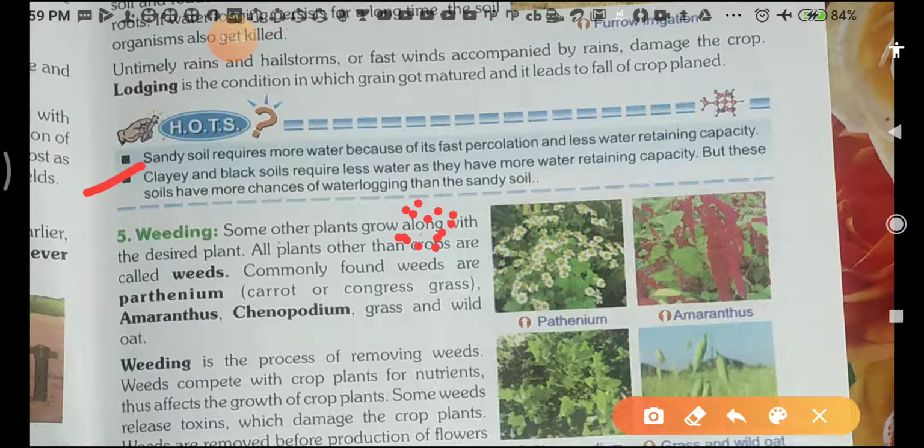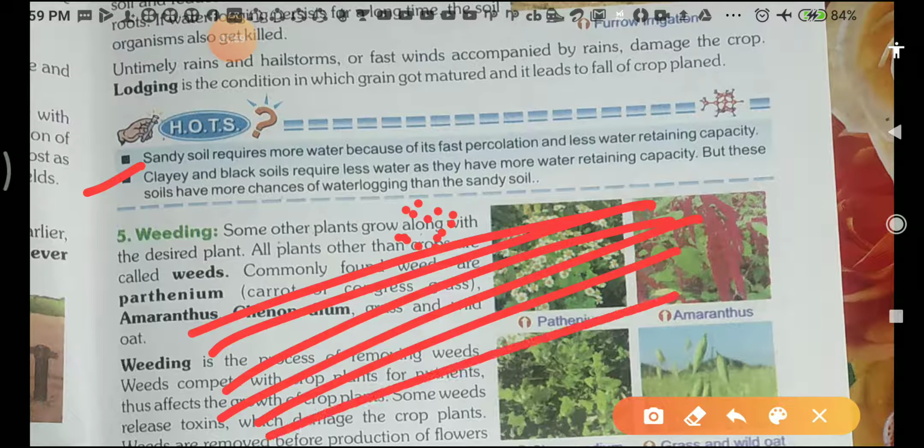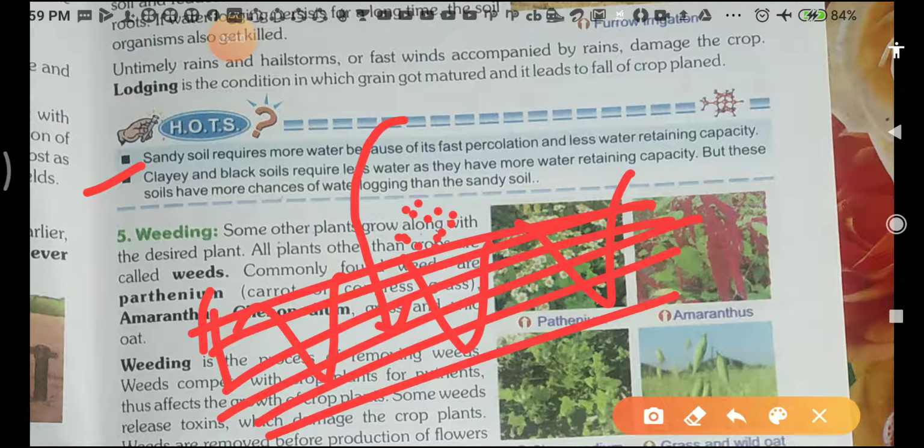What they want to tell you, students, is this: suppose this is your field, and you are growing crops here, and this soil is clay soil. If we irrigate this plant, it needs very little water, because its retaining capacity is more, or we can say its water holding capacity is more. So you can irrigate this plant very little.